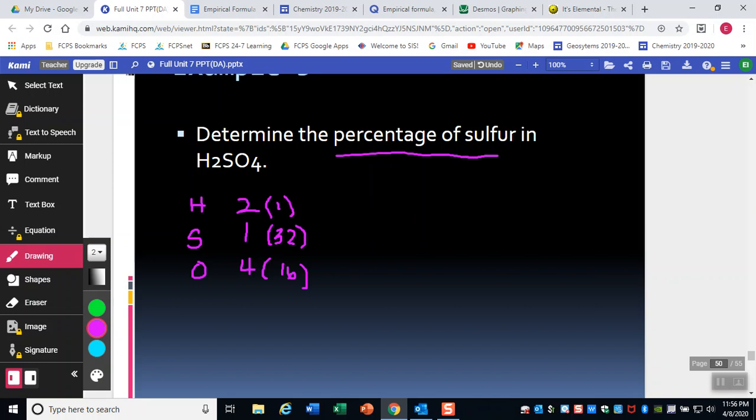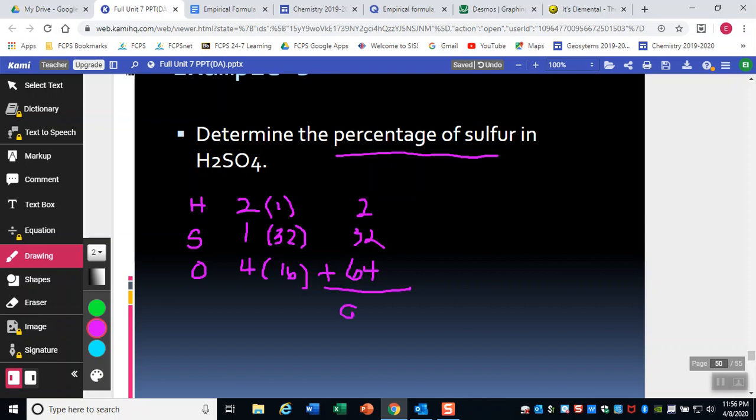So we're multiplying, right? So 2 times 1 is 2. 1 times 32 is 32. 4 times 16 is 64. I'm going to add them to get the total molar mass.